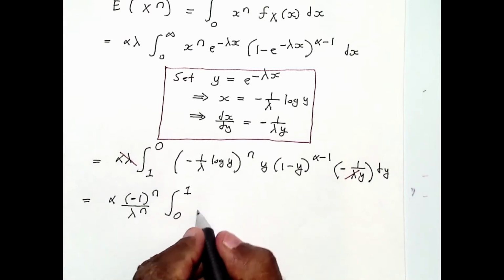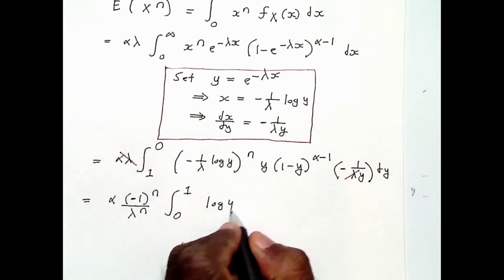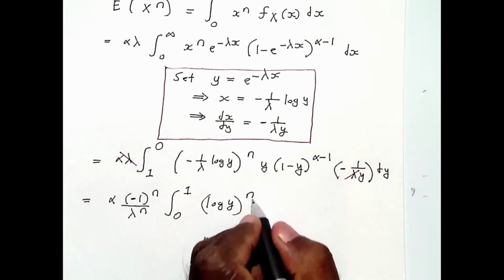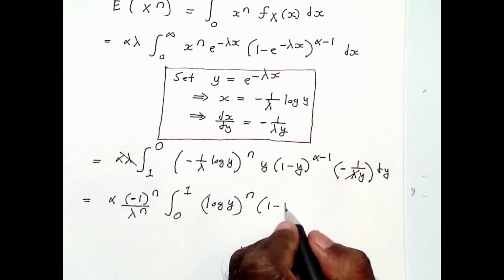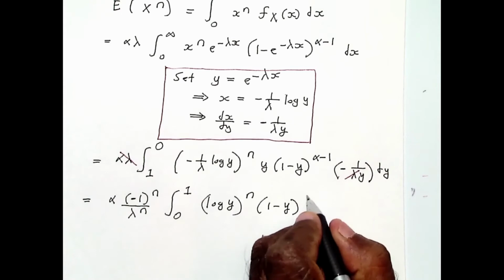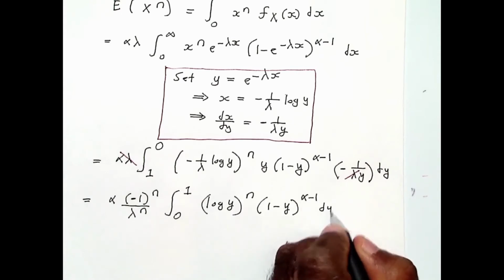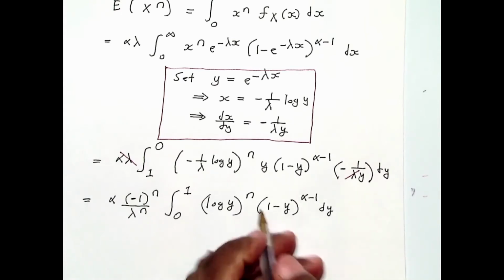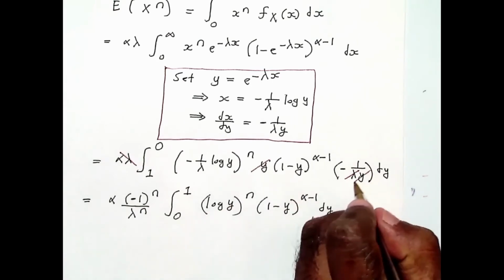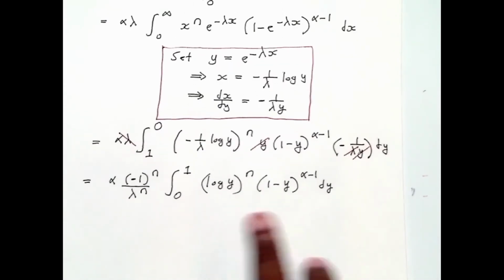Then you have log of y raised to the power n, then 1 minus y raised to the power alpha minus 1 dy. You should also note that the y here cancels out with the y here. All right, so that's what you get.